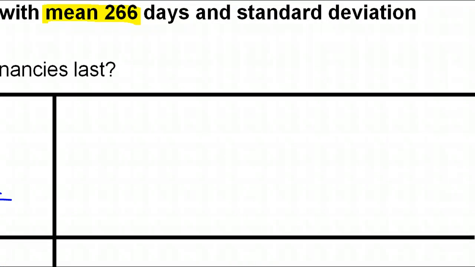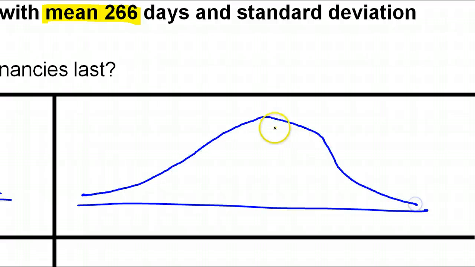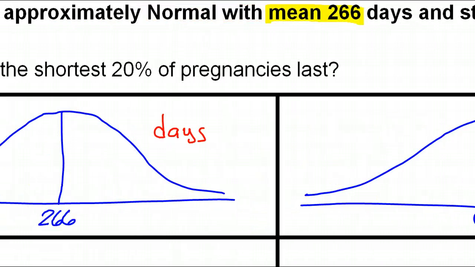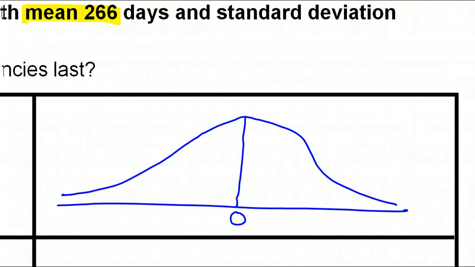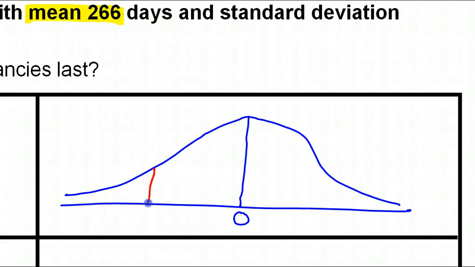Now we will make the z-score version of this graph, okay, which should be identical to the graph we just did, but instead of a mean, we will put 0 for the z-score in the middle there, and we still will have our bottom 20% labeled like before.